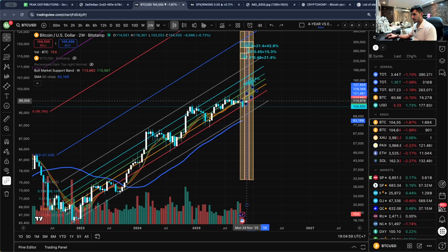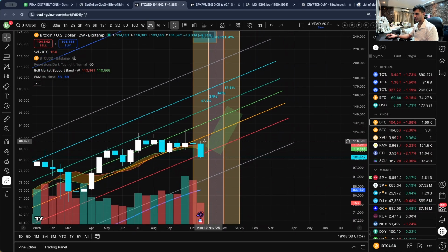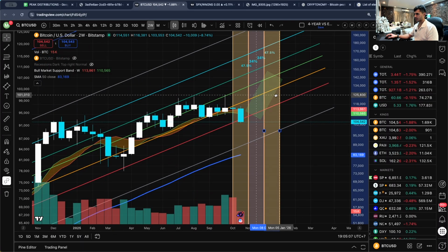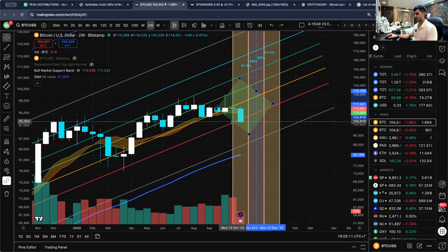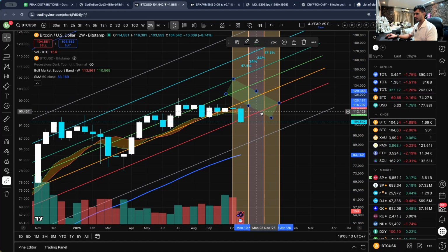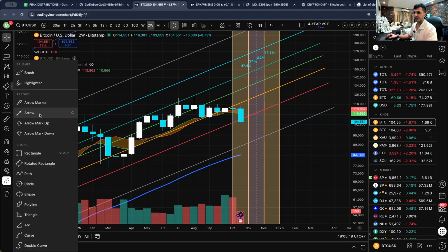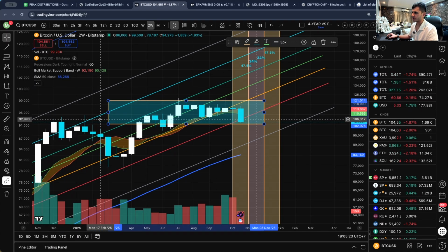If Bitcoin starts making higher highs, I'll definitely be accumulating Bitcoin again. But if Bitcoin is just doing this thing here, I'm definitely selling. All right, in fact, I did a good choice by selling my Bitcoins in this zone.